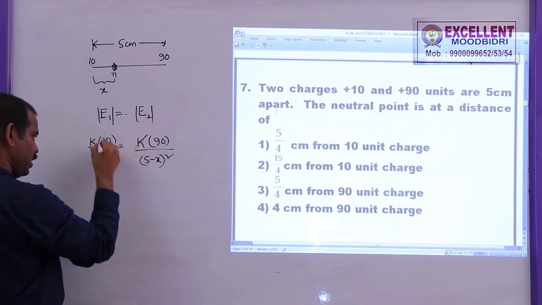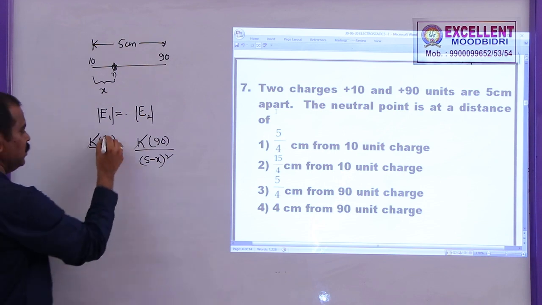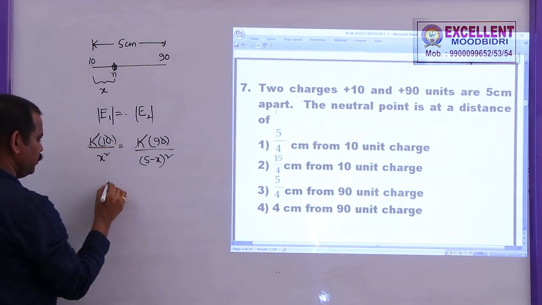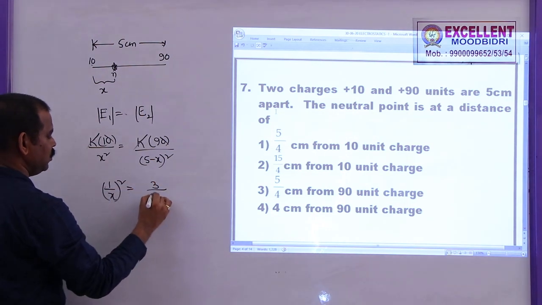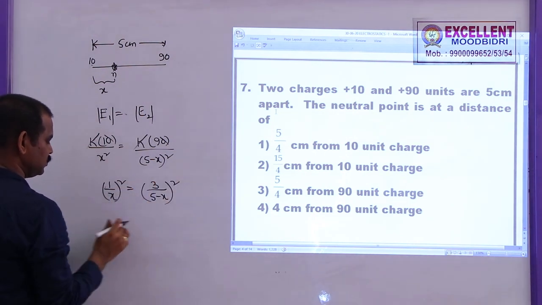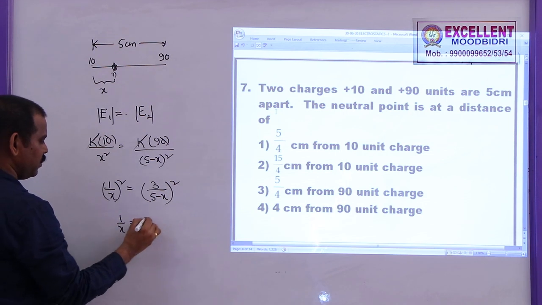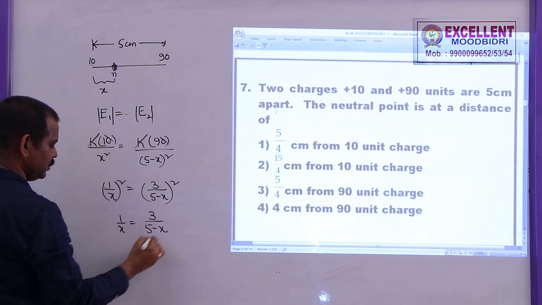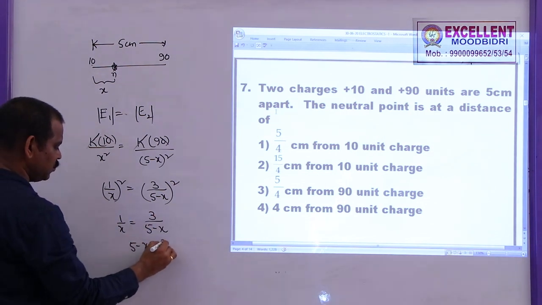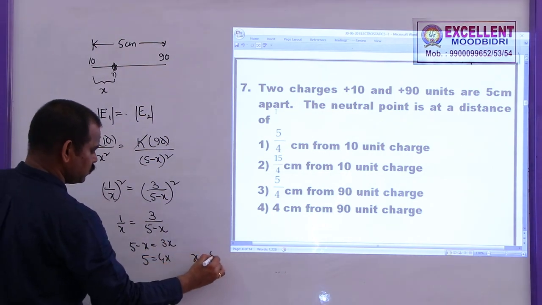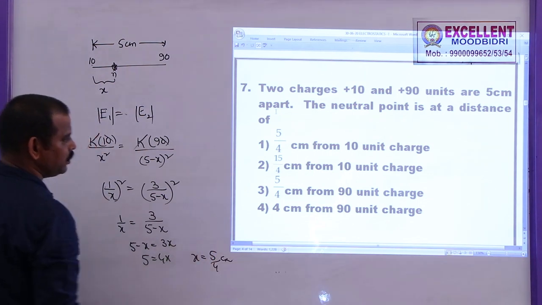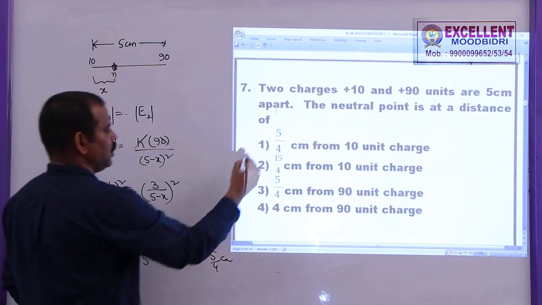This K and K cancel, and the common factor also cancels. So this will be 1 by x whole square is equal to 3 by 5 minus x whole square. Square rooting, 1 by x is equal to 3 by 5 minus x. 5 minus x is equal to 3x. 5 is equal to 4x. x is equal to 5 by 4 centimeter from the smaller charge. So the option is this one.